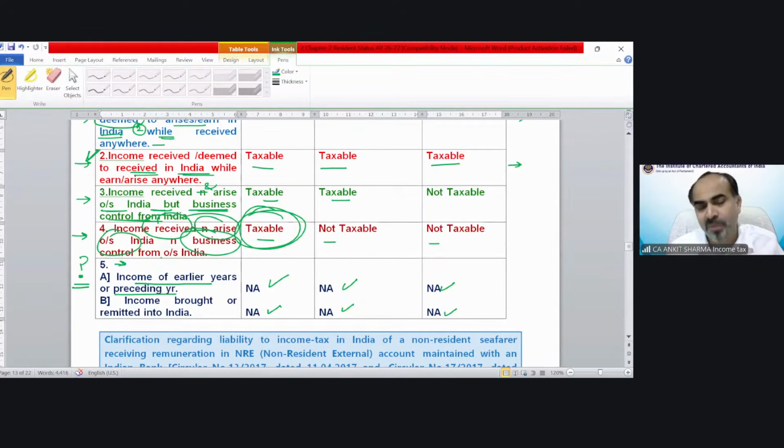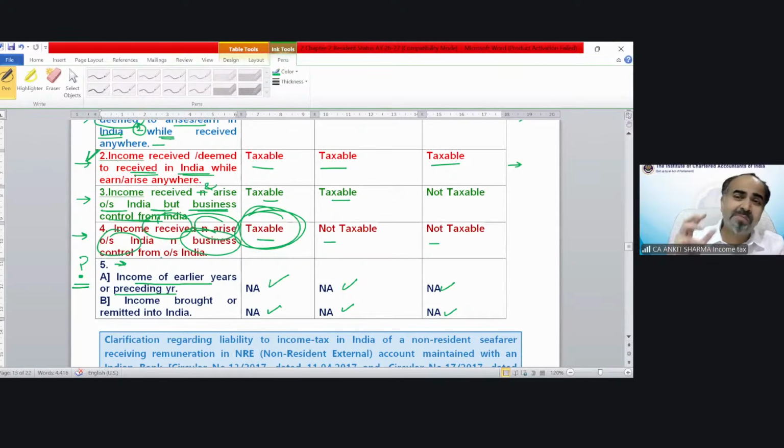Just leave that information, because we need to show in the question only the income which belongs to our previous year. We are going to solve income for assessment year 26-27, previous year 25-26. So if the question gives you any income, whether taxed earlier, not taxed earlier, belongs to earlier year, belongs to preceding year, please ignore it completely because that treatment belongs to that year. We will not interfere in that year. Understand? So this is easy. You need not do anything with that information.